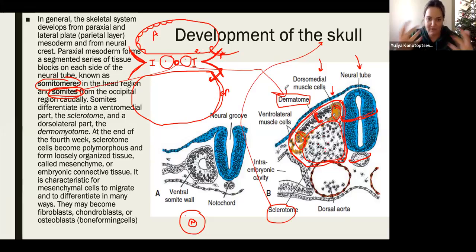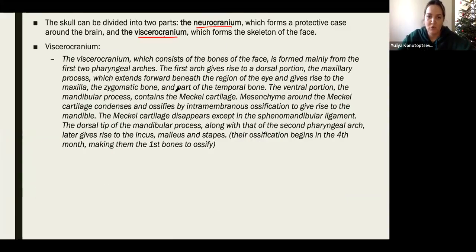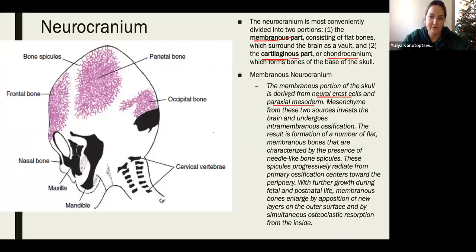So they have the dermatome, myotome, sclerotome. Somitomeres are in the head region, and they're just clusters of paraxial mesoderm that is not separated into these particular segments.